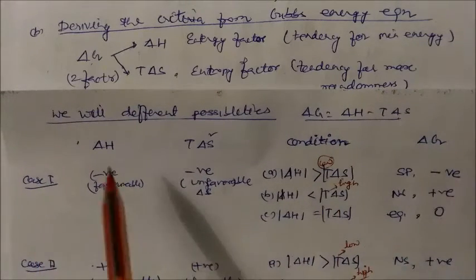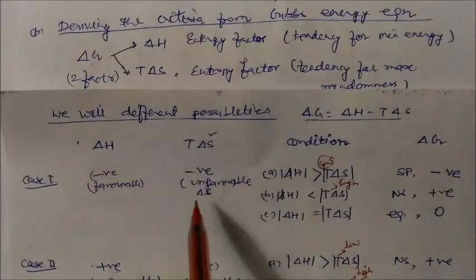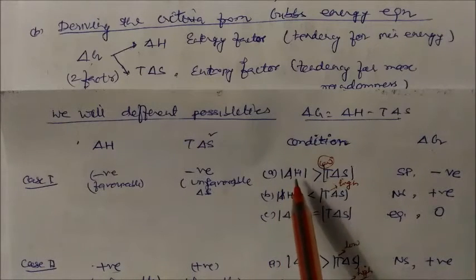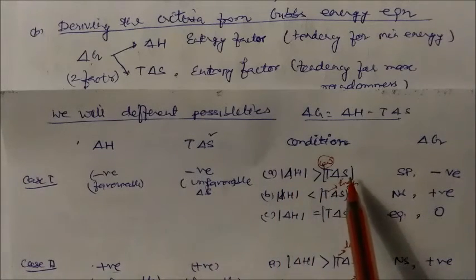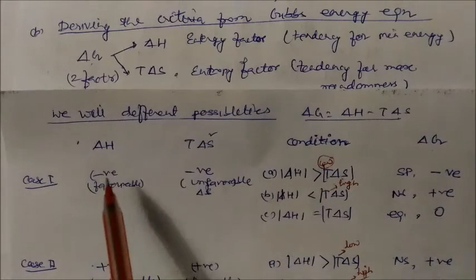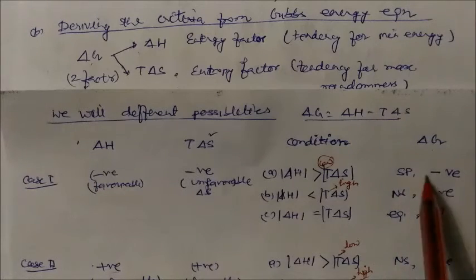Case 1: when delta H is negative, this is favorable, and T delta S negative, this is unfavorable, meaning entropy is negative. So in this case, first condition, delta H should be greater than T delta S. If this is greater, this is a more negative value, so definitely delta G will be negative, and this process will be spontaneous.